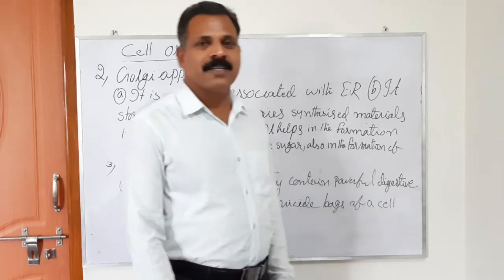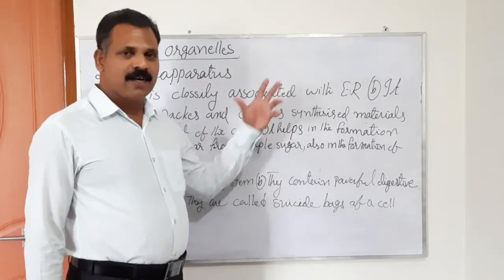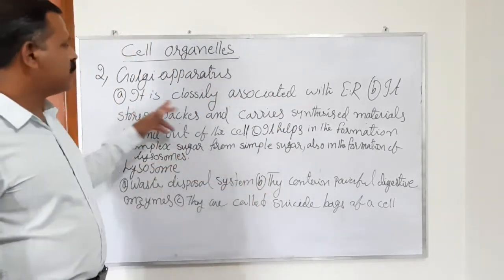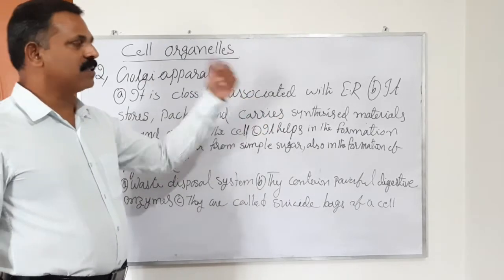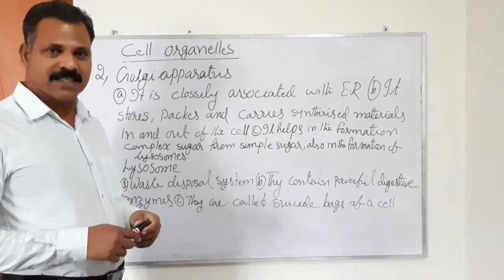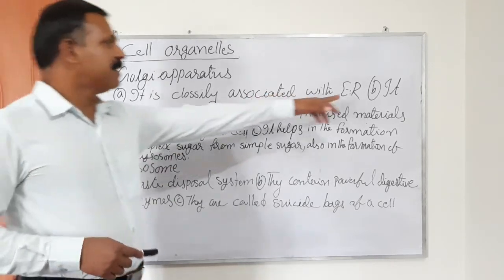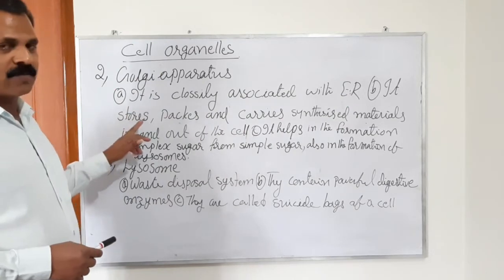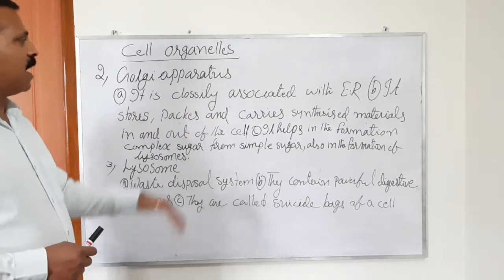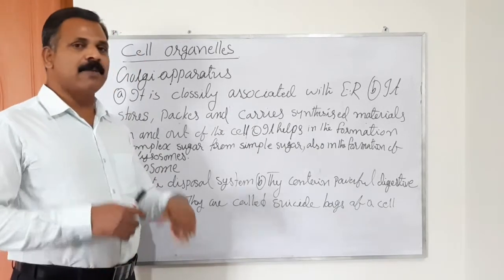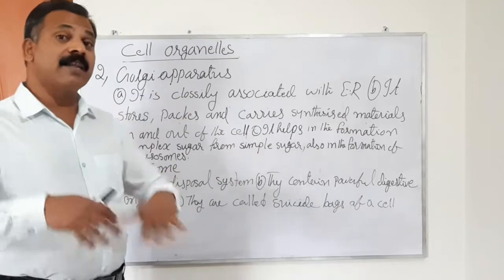Now let's see the next organelle of the cell, that is Golgi apparatus, and how it performs. Golgi apparatus is very closely associated in functioning with the ER, endoplasmic reticulum, in all their activities. Why? Because Golgi apparatus stores, packs, and distributes all the synthesized materials in and out of the cell.